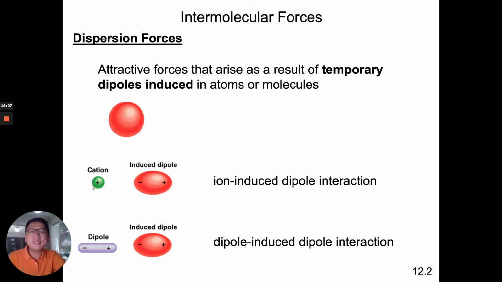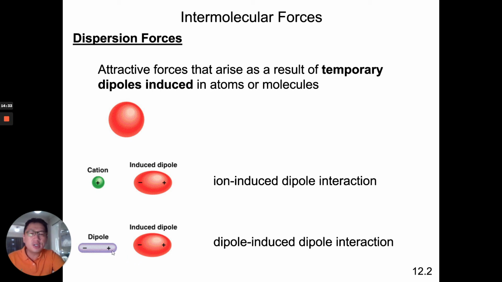The moment this cation's gone, it's like the moment I leave that restaurant, then that restaurant goes back to how it was. It's equally mixed up again. But temporarily, it induces a dipole. It makes it look like it's polar. So if you had something that is polar, you put it next to something that is not polar, it's going to make it temporarily like it's polar.